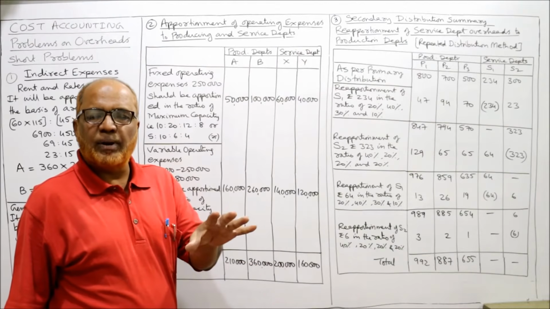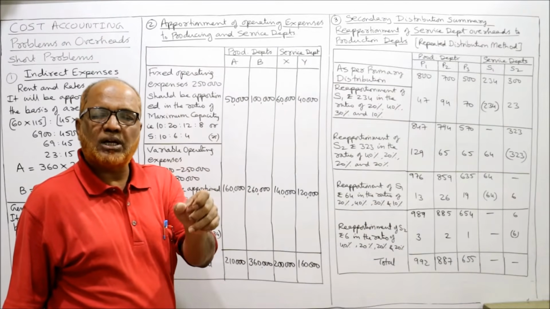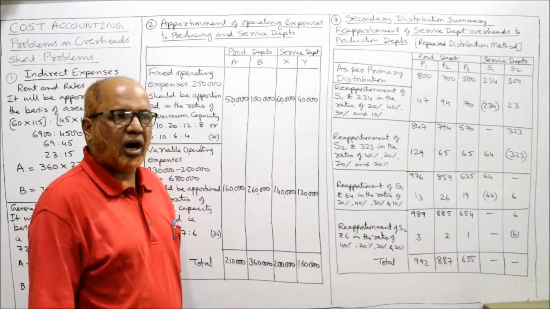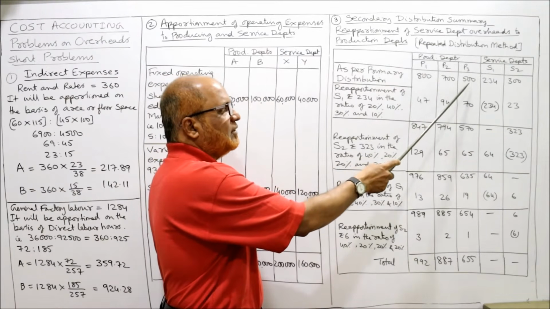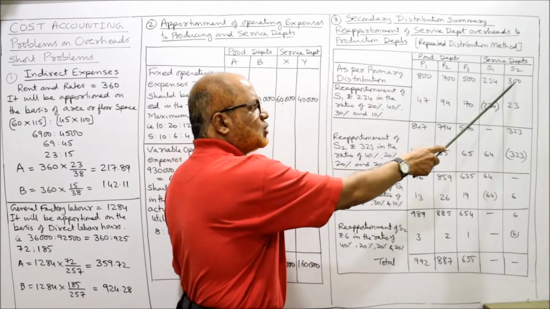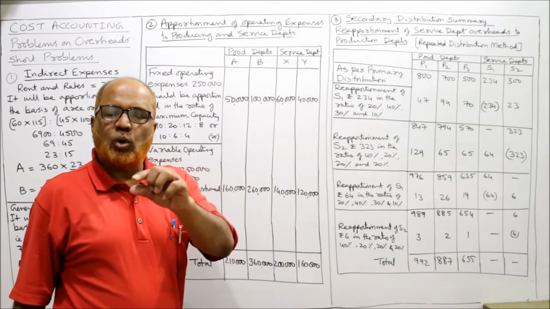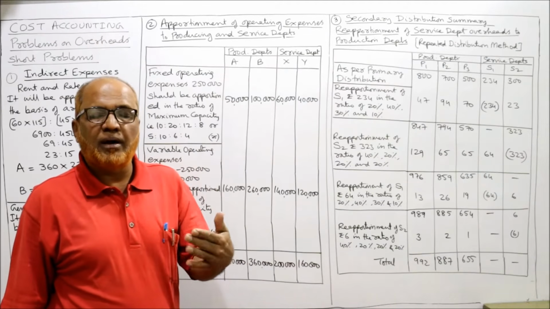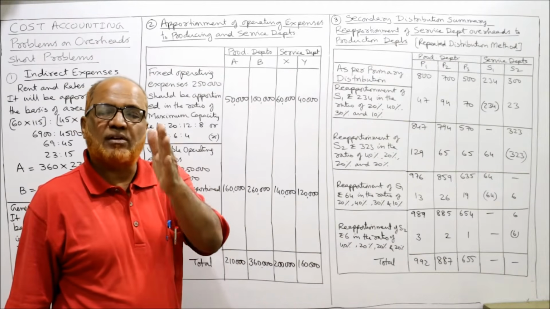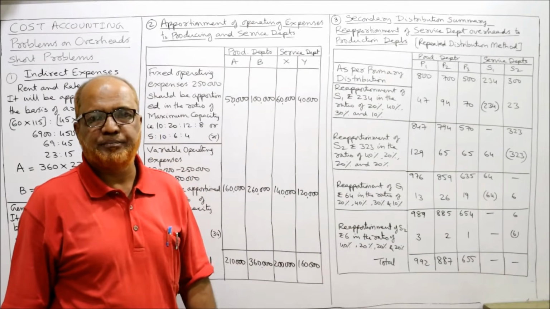Primary distribution already completed. After completing, the totals as per the primary distribution are P1 is 800, P2 700, P3 500, S1 234, S2 300. These are the totals of all the departments given in the problem. Now we have to make the reapportionment of service department to production department, right?